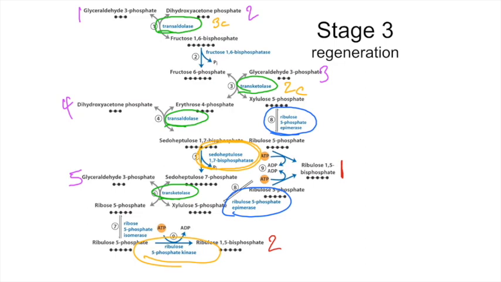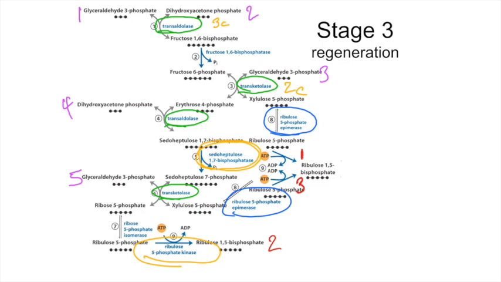Yeah, 1, 2, and 3. Let me erase this one. Do you see? There's 2 arrows. There's 1 at the top. So 1, 2, and 3 ribulose 1,5-bisphosphates. So I start off with 15 carbons at the beginning, and I end up with 15 carbons at the end, in the right conformation to start that circle.